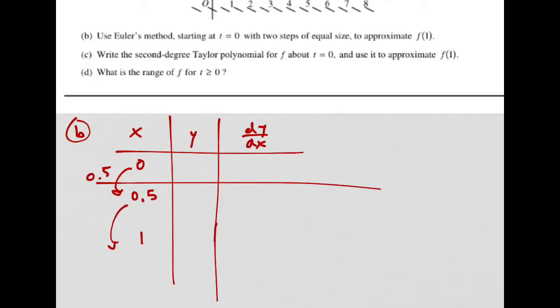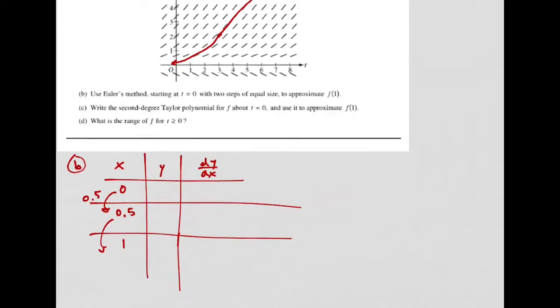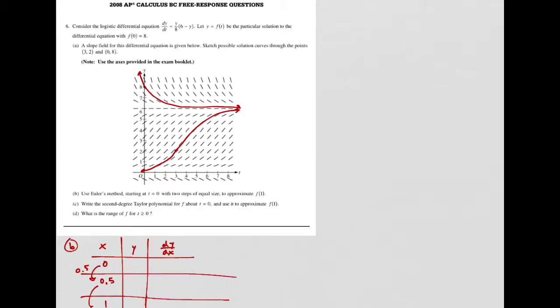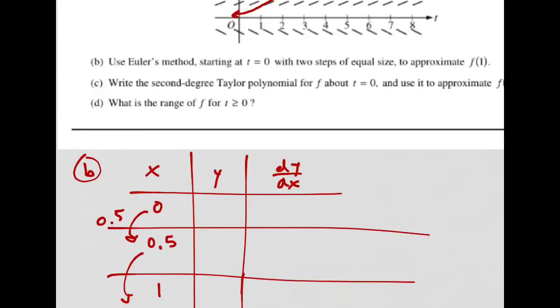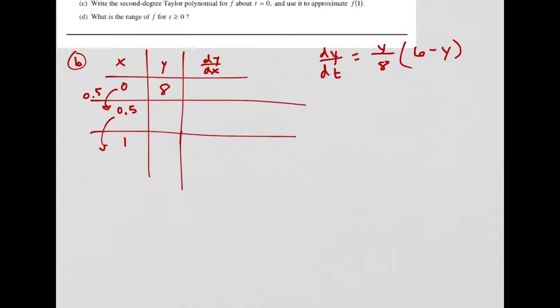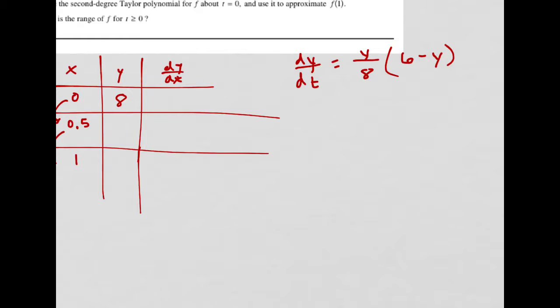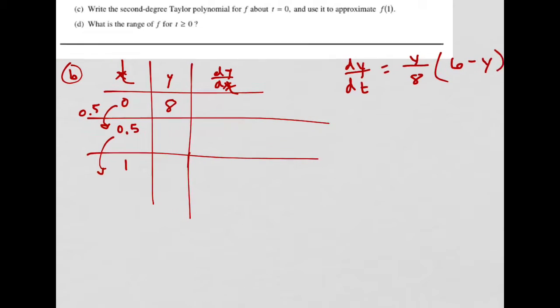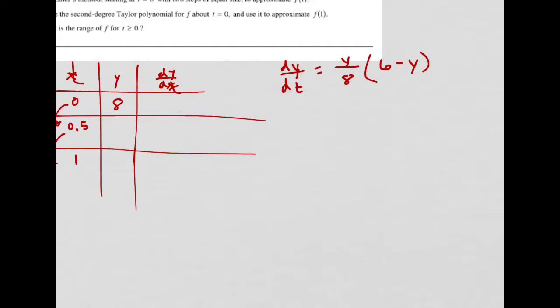Great. So the next thing I do is plug in 0. I get 8 for y, so I've got that. And then I have my dy/dt, so let's find dy/dt at these values. That would be 8 divided by 8, which is 1, times 6 minus 8, that's negative 2.